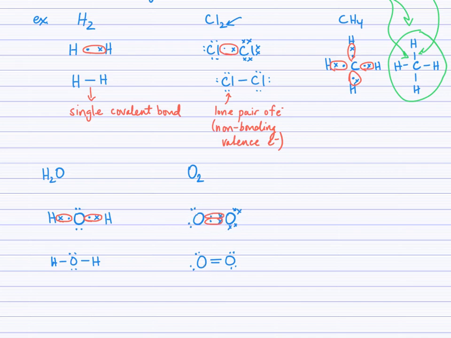Looking at this oxygen on the left, we have 2, 4, 6, 8. And looking at the oxygen on the right, 2, 4, 6, 8. So this molecule now contains a double covalent bond.